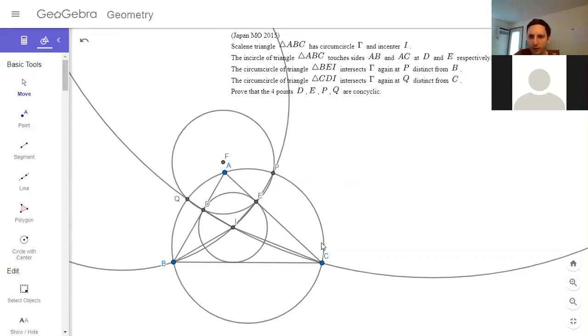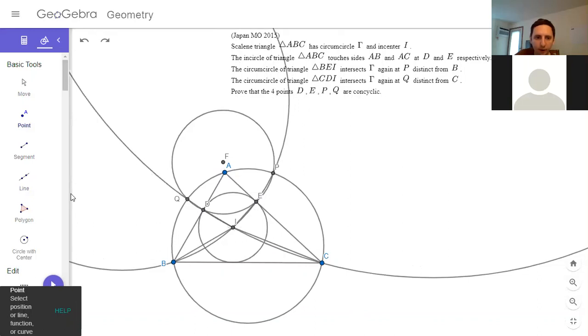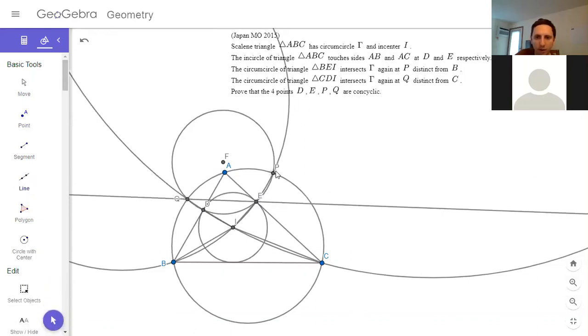Maybe extending QE and PD to the circumcircle. Interesting, all right, I will try that. Oh, QE and PD, so not QD and PE. So like that?